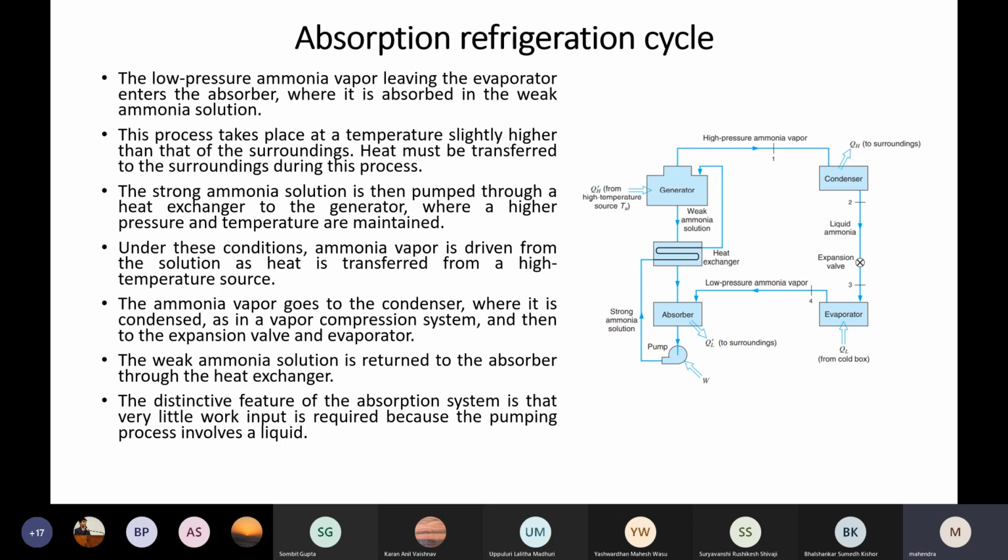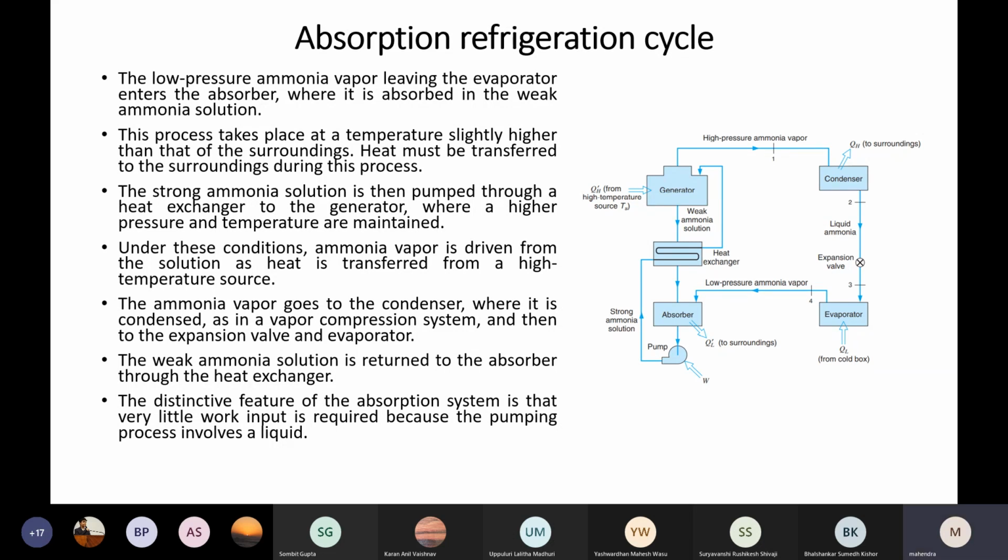Here the working fluid is ammonia majorly. Ammonia has very good characteristics: at room temperature and at 10 bar pressure or more, the ammonia will be in the liquid stage.